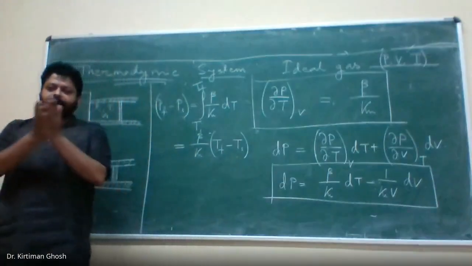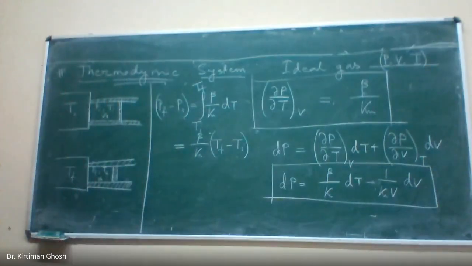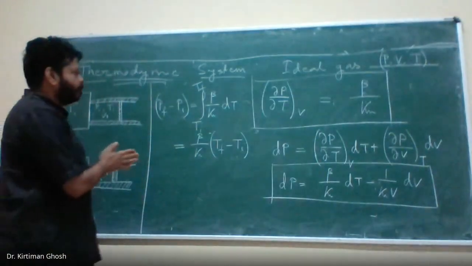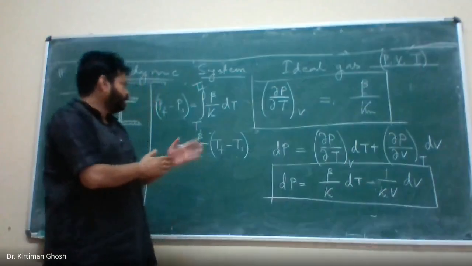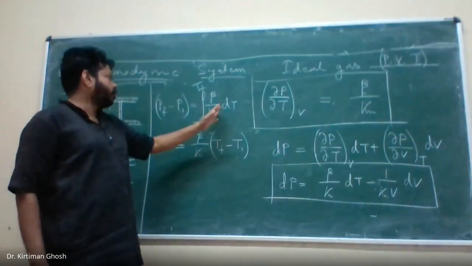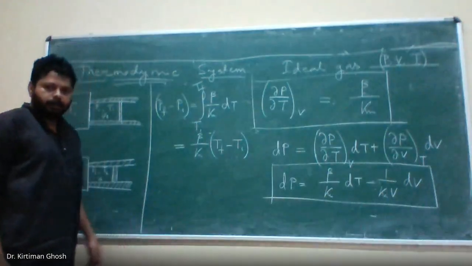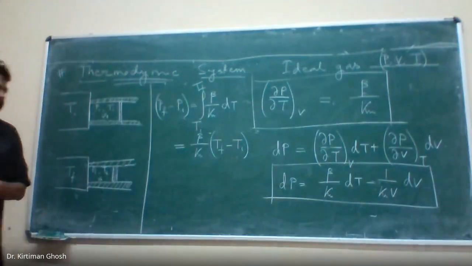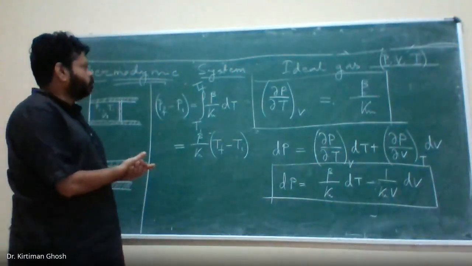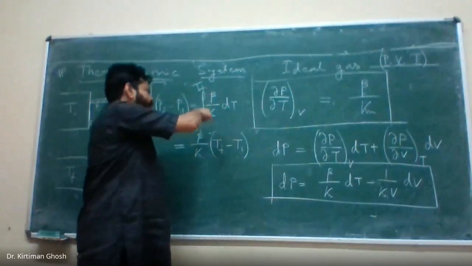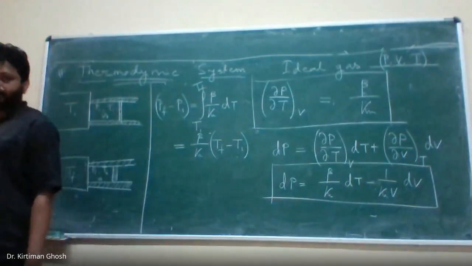If I take another thermodynamic system, where the expansivity beta and kappa are functions of temperature, then you need to know the functional form of beta and kappa and do this integration over temperature. That is also possible, right? There is no difficulty in doing that.